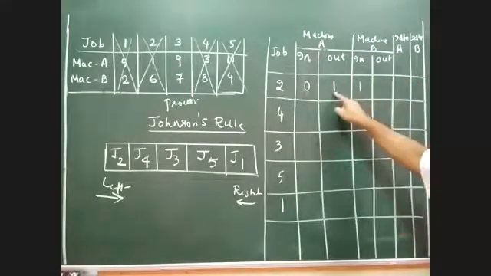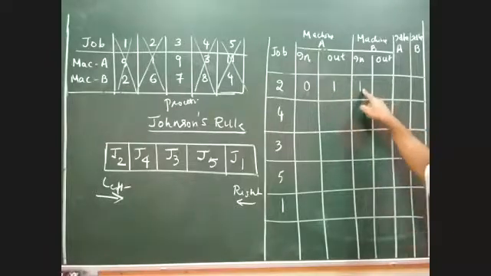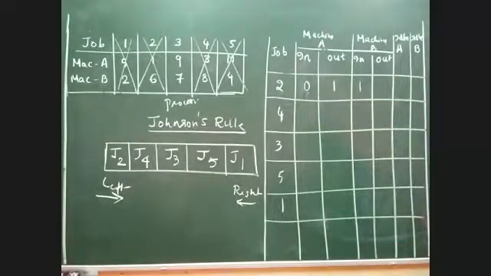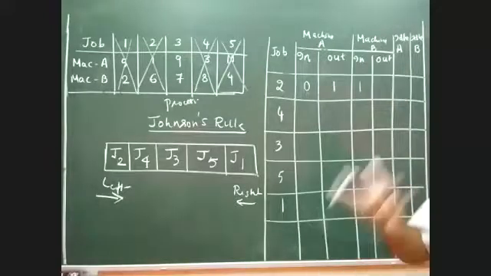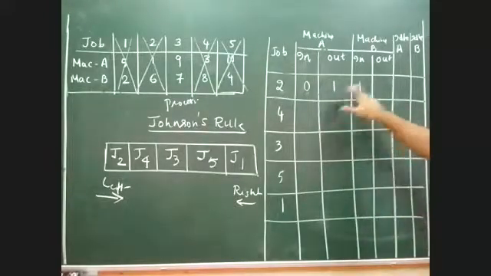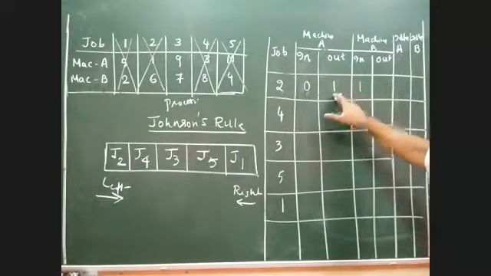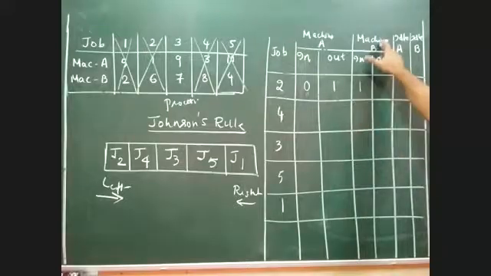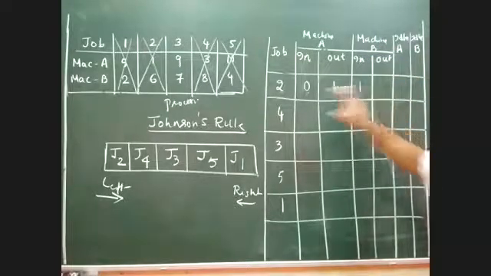So I start here at 1 itself. You may ask, sir, 1 is completed, how does it start at 1 immediately, doesn't transfer take time? That is why I state the assumption: the time taken to transfer the job from one machine to the other is negligible. We do not account for it. We presume that the job will start immediately on the next machine. So once A completes at 1, immediately at the first minute machine B will start working on job number 2.